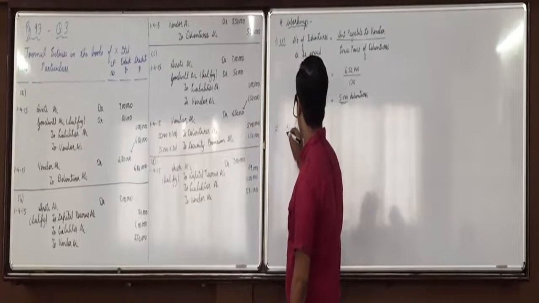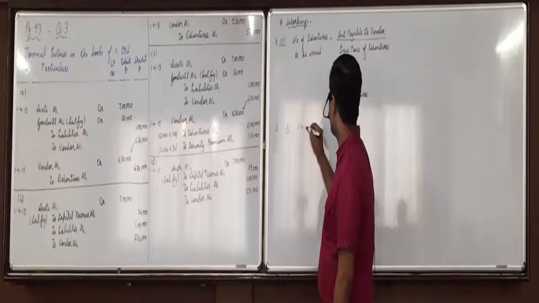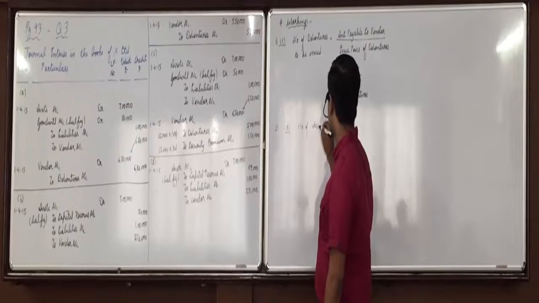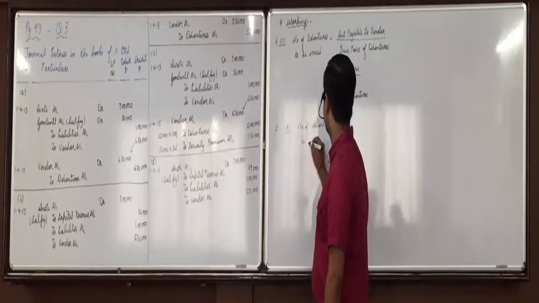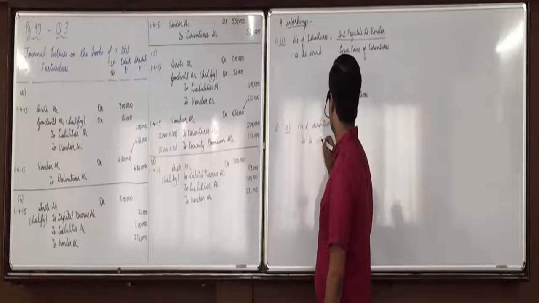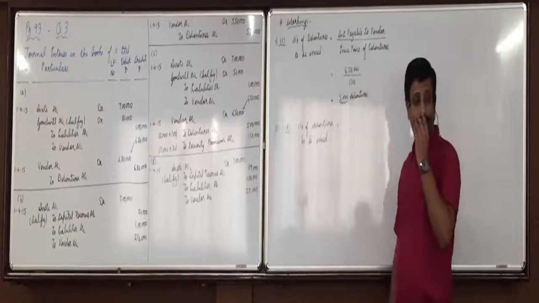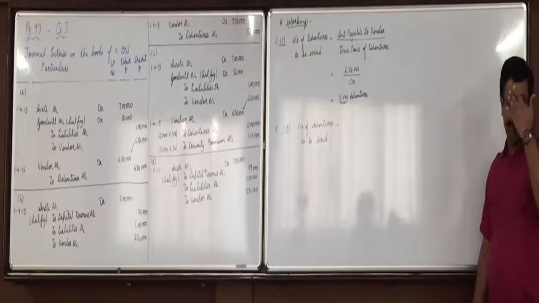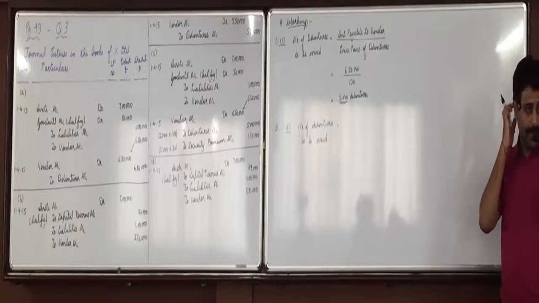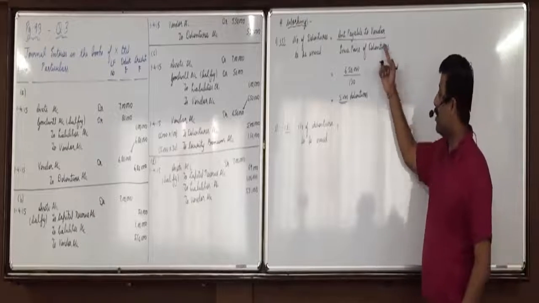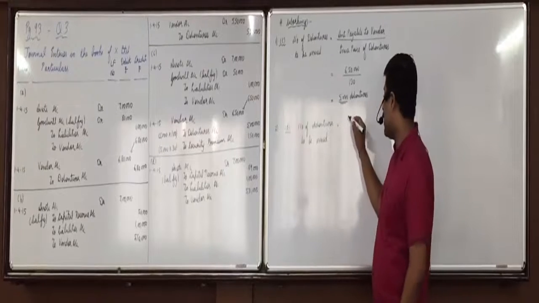Now the second working will be for option D. Number of debentures to be issued. As in the last option, how will we do it? What is the amount payable to the vendor? 5,31,000.